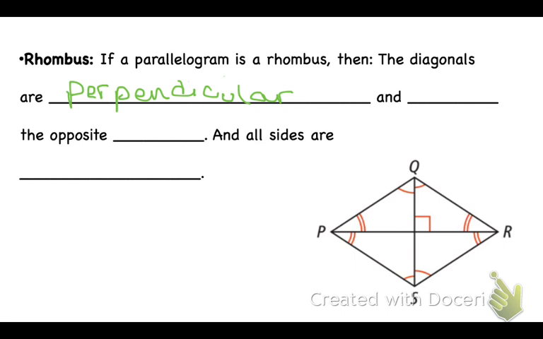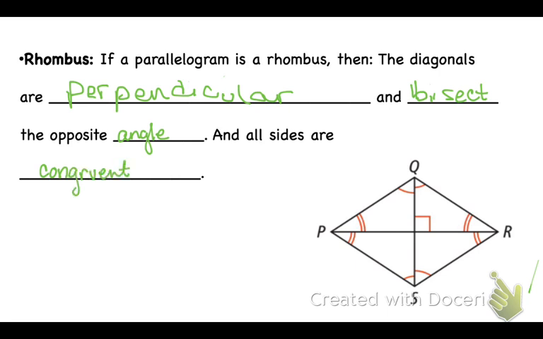Perpendicular. So the diagonals are perpendicular and bisect the opposite angles, and all the sides are congruent.